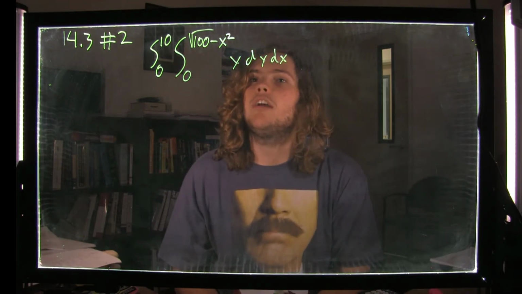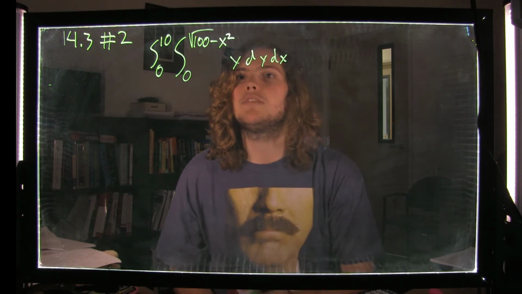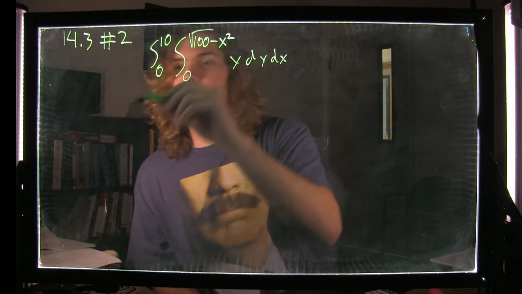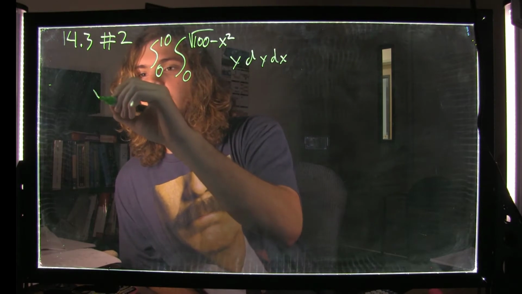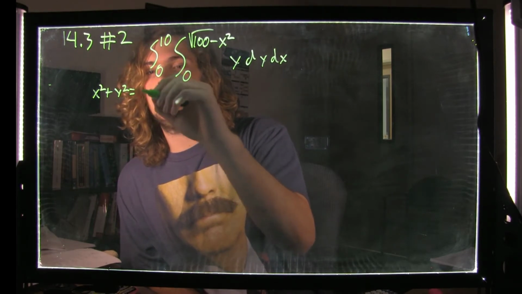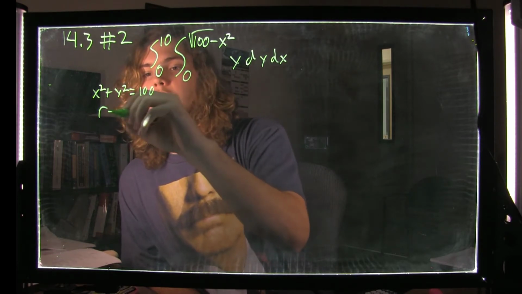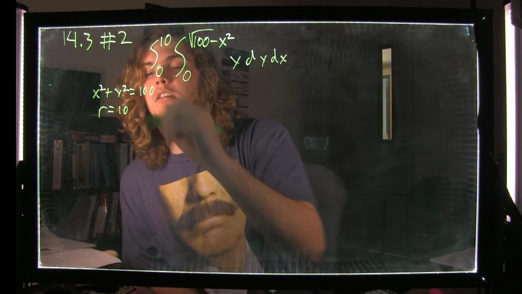So we got this guy here, and a couple of good ideas here is, first of all, what this guy means here. So that's x squared plus y squared equals 100, and thusly r equals 10.